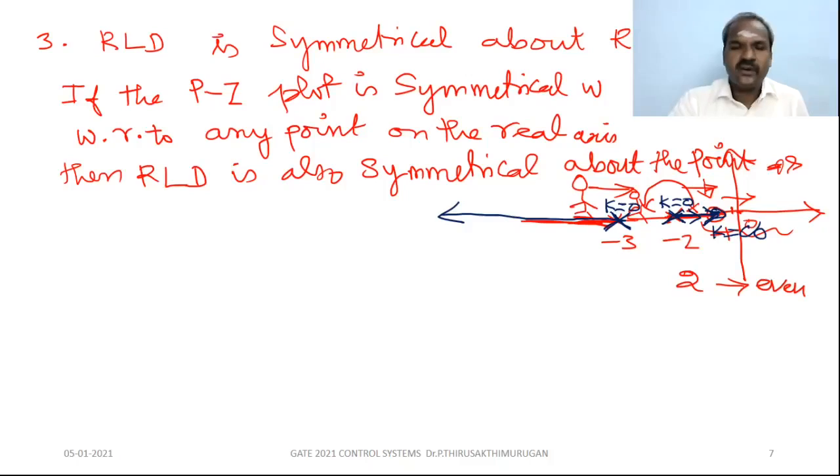Understand or not? So this is another rule.